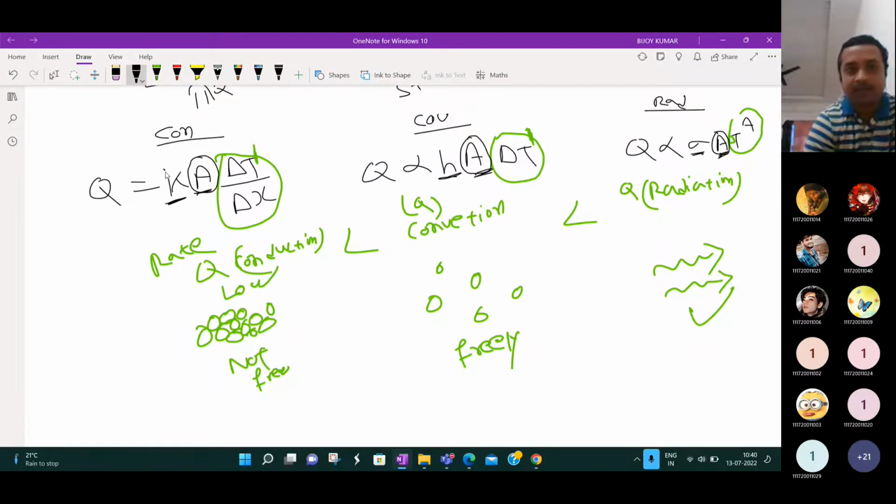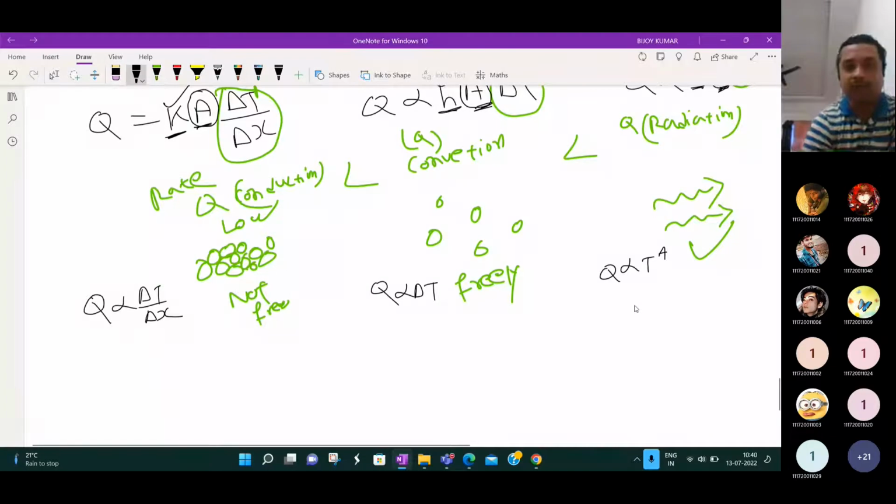So this K, H and sigma are the proportionality constants, so let us leave it. Then we go for the third term, delta T by delta X. Here delta T is there, here temperature to the power fourth is there. So here Q directly depends on delta T by X, here Q directly depends on delta T, and here Q directly depends on T to the power fourth.